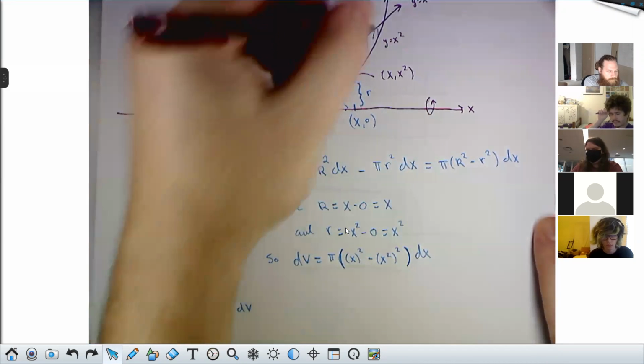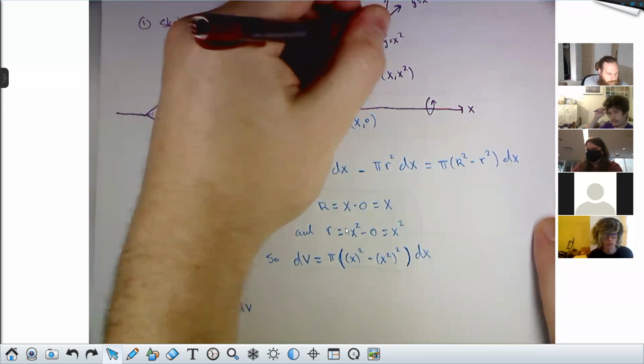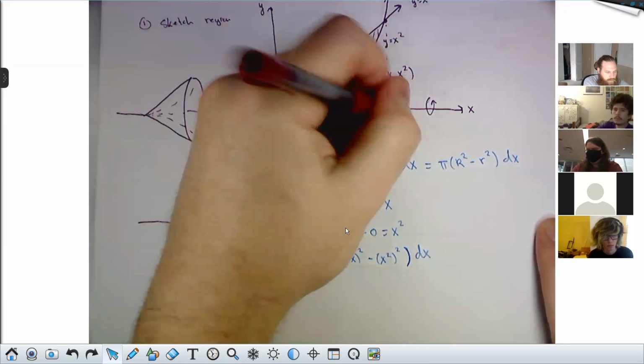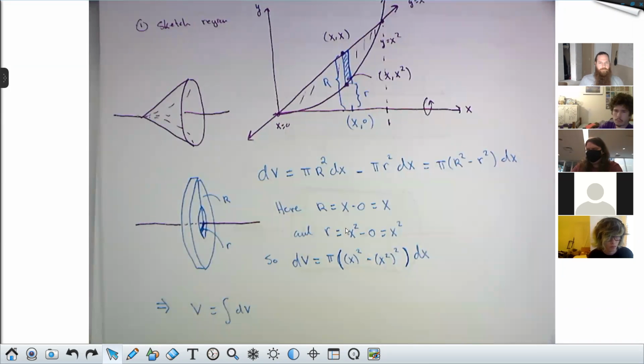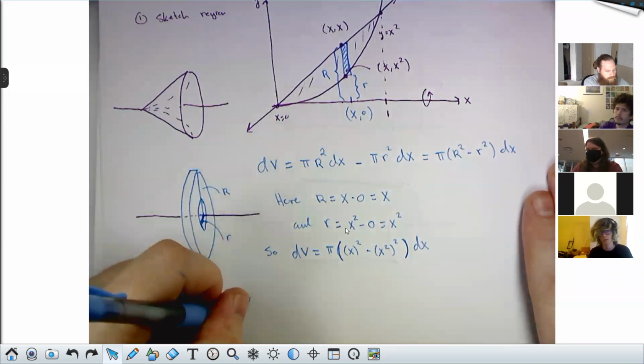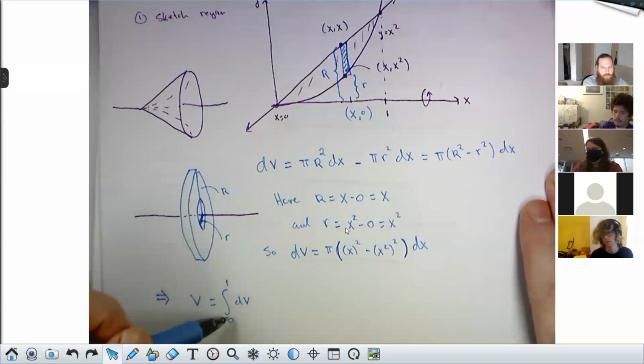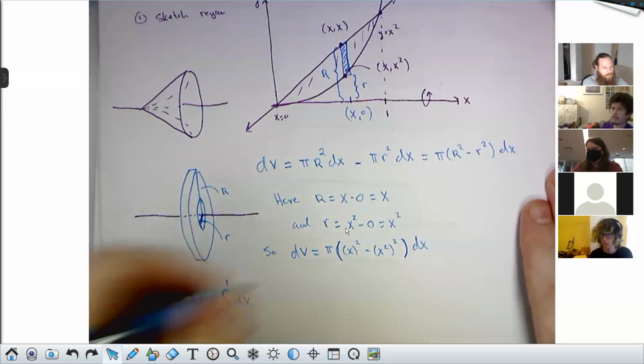It's the origin. This is the place where x squared crosses y equals x. That's 1. So we're going to be integrating dV from 0 to 1. Sometimes you'll see me write the x equals here, and that's just to emphasize that those bounds are x values, but you don't have to write them.